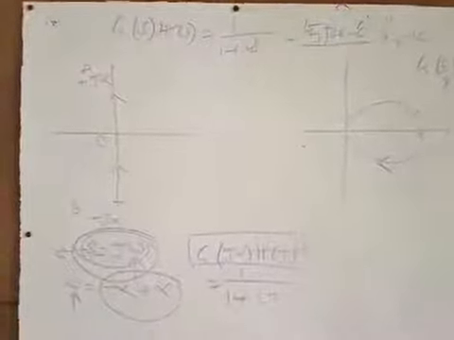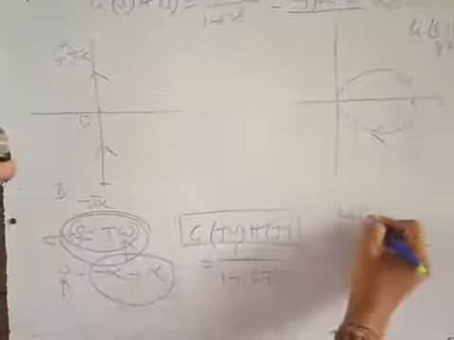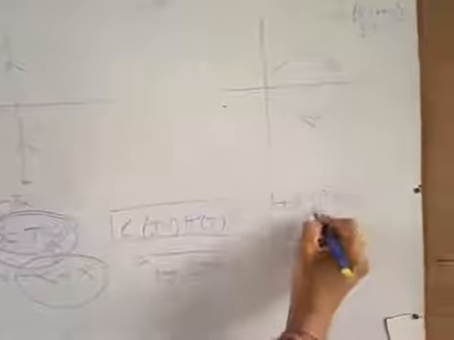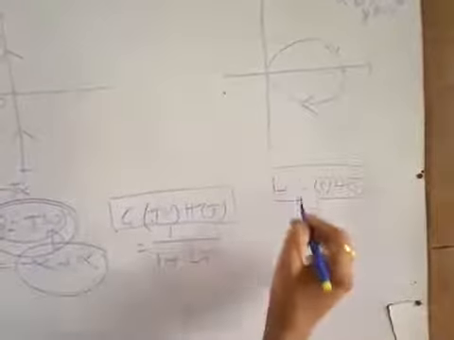Now actually what we have to find out is whether all the poles and zeros of 1 + G(s)H(s) are enclosed at the right hand side of the S plane.